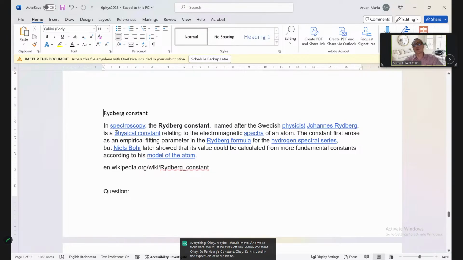The Rydberg constant is a physical constant relating to the electromagnetic spectra of an atom. When we calculated the change in energy of an electron, basically we used Rydberg's constant to express the energy of an electron in an atom.